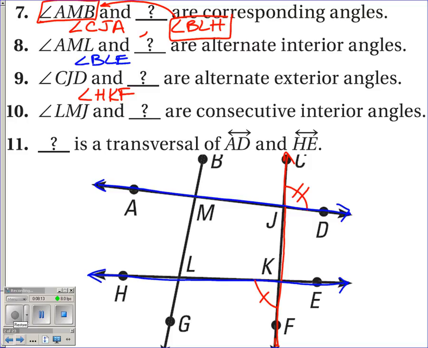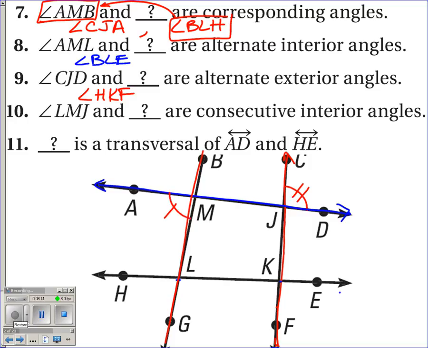That's one possibility. But let's take a look at the other pair of lines now. Take this one off. Look at these two red lines. And now let that blue line up top, that AD, be the transversal. Well, we have another alternate exterior over here.